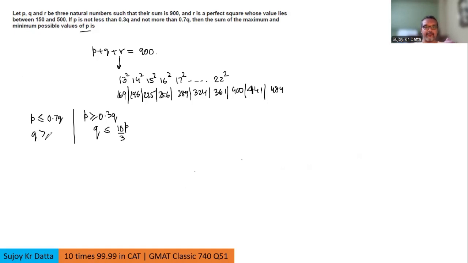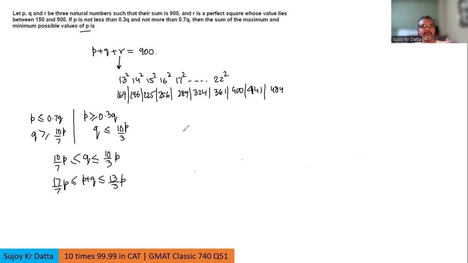So Q is greater than or equal to 10 by 7 P. So once we have these two values of Q, basically we are saying Q is lying between this and this. So if I were to add P and Q, this would be 13 by 3 P and that would be 17 by 7 P.